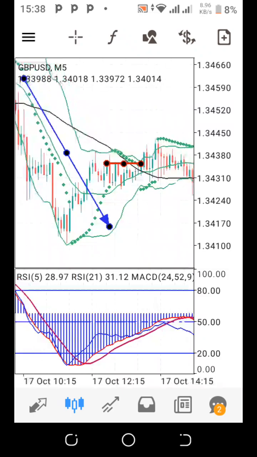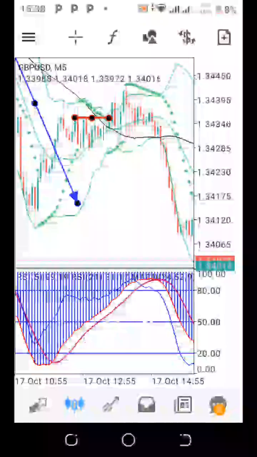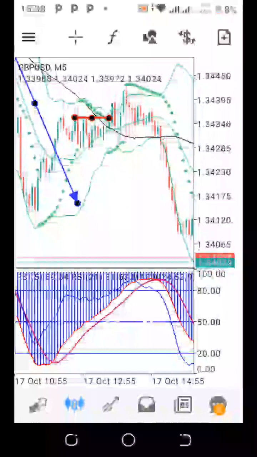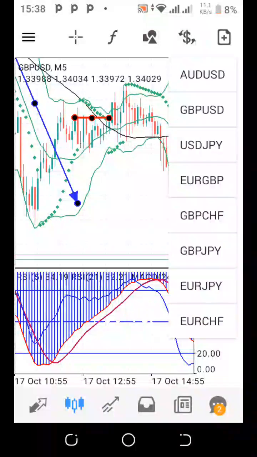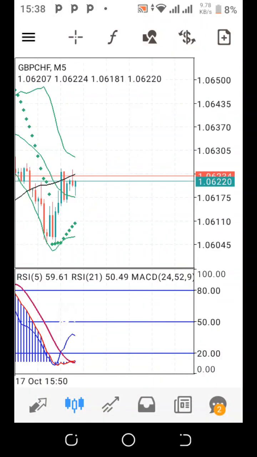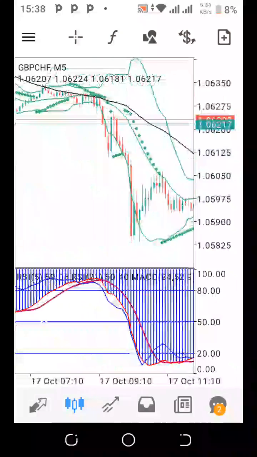Because if GBP USD is going down, having a strong downtrend, and you buy, it will affect pounds CHF. Most of the time it will affect it. Believe me, it will affect it.